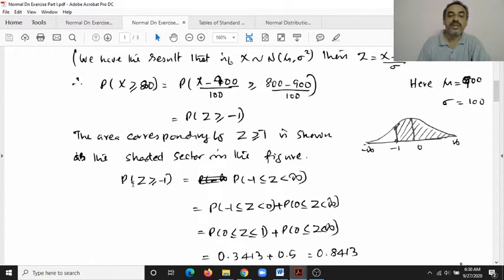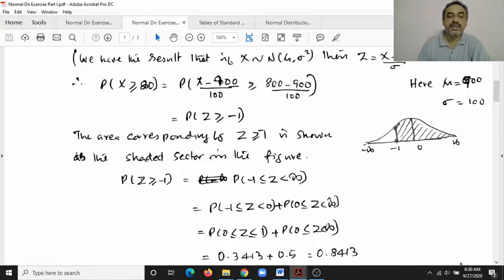And you can read this in reverse order. That is, this is an open-ended interval. z greater than or equal to minus 1 means we have only one limit, that is minus 1, which is the lower limit. So if you write it in reverse order, minus 1 less than or equal to z less than infinity. If any limit is missing, that missing limit can be taken as the default limit of the random variable.